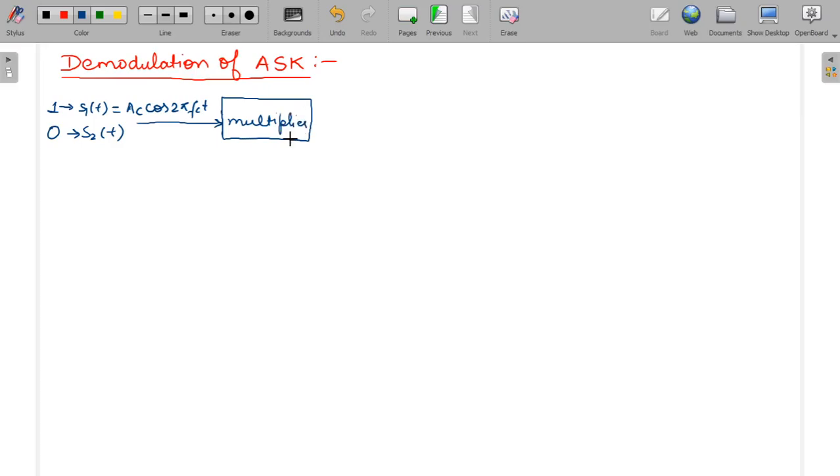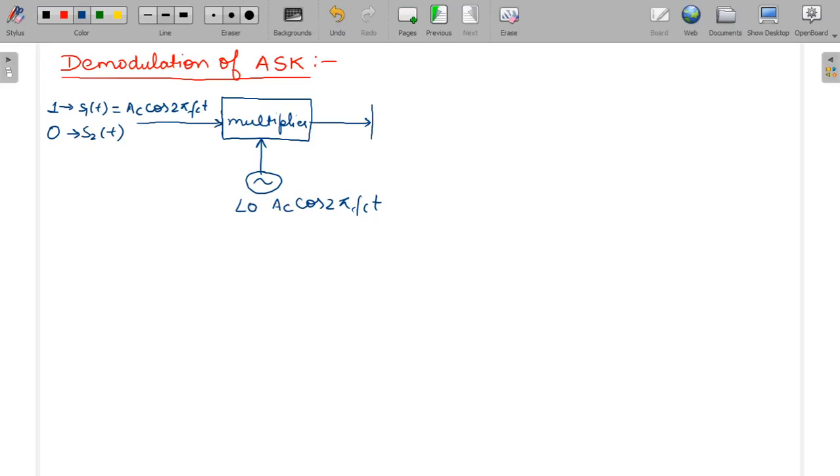We will study with the help of a block diagram, and here again we will give the local signal using the local oscillator, that is Ac cos 2 pi fc t. This is the demodulation process. Now see, when signal 1 is received at the demodulation end, then these two will get multiplied and we will get Ac squared cos squared 2 pi fc t. Okay, and when 0 is there, then we will get 0.